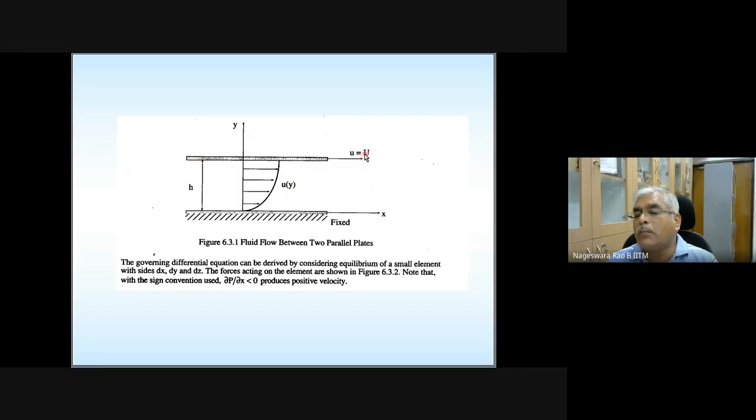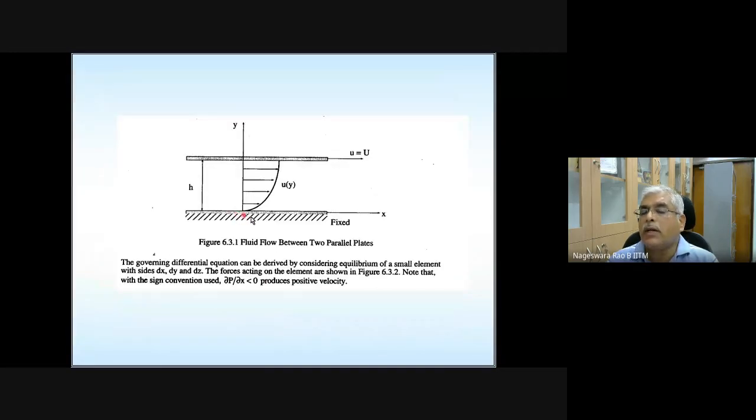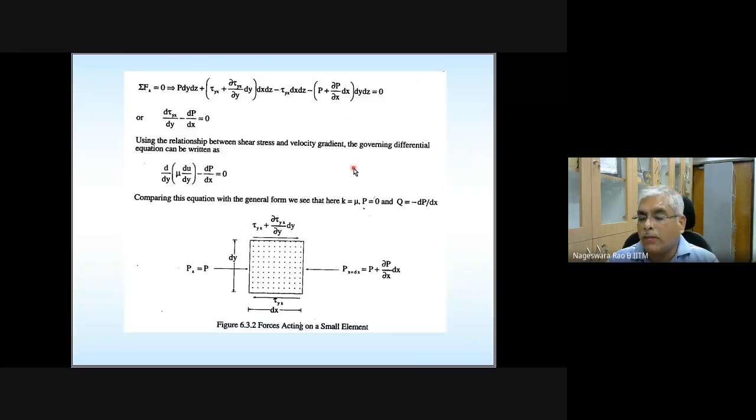It's not displacement, it's velocity. The top plate is moving at velocity u, and then how is the velocity distribution going to be across the depth of this fluid? That is what this is. These are the boundary conditions. At y equal to 0, at the bottom end, velocity is 0, and at the top end velocity is u. And then what is the governing differential equation for this problem? It looks like this.